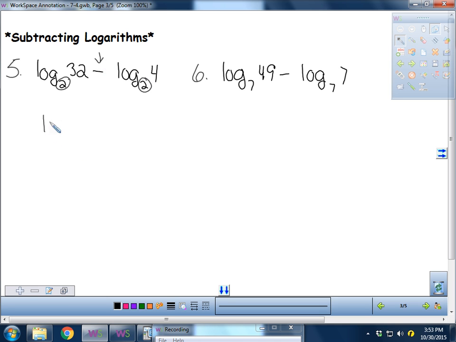So you keep the log base 2, but instead of multiplying 32 and 4, you're going to divide 32 by 4. It is always, always, always this one divided by the second one. So first one divided by second one. Please, please, please remember that. Okay?